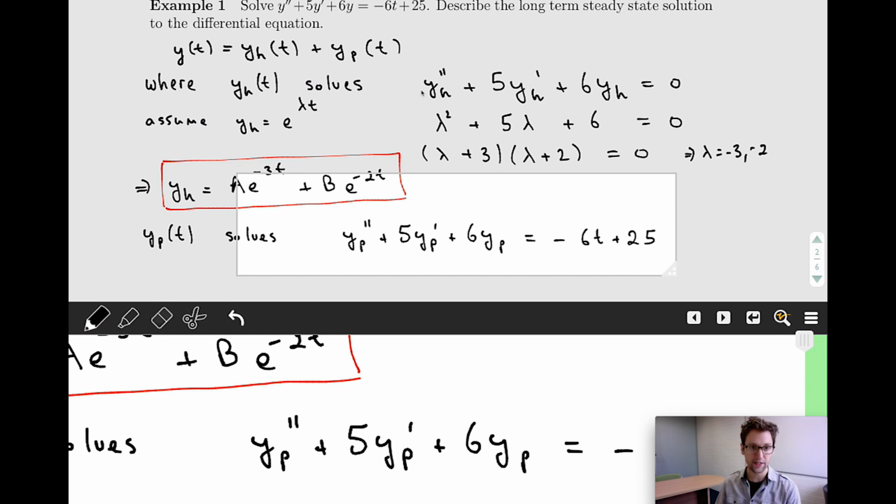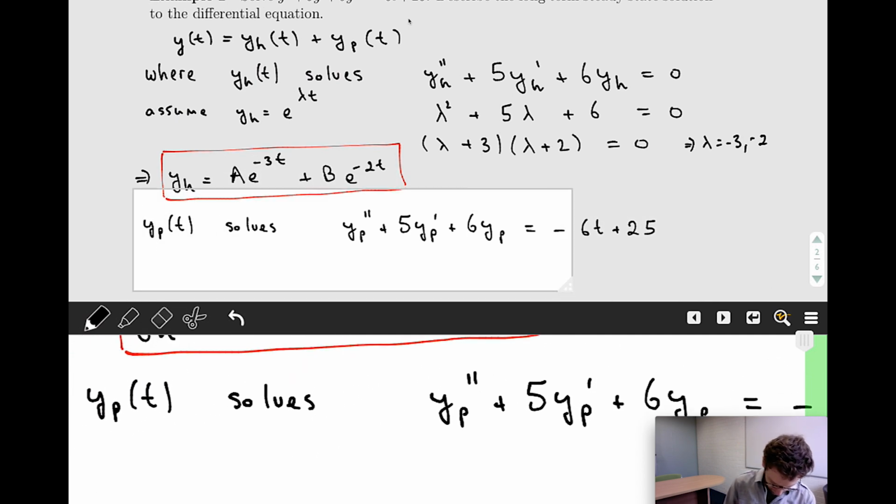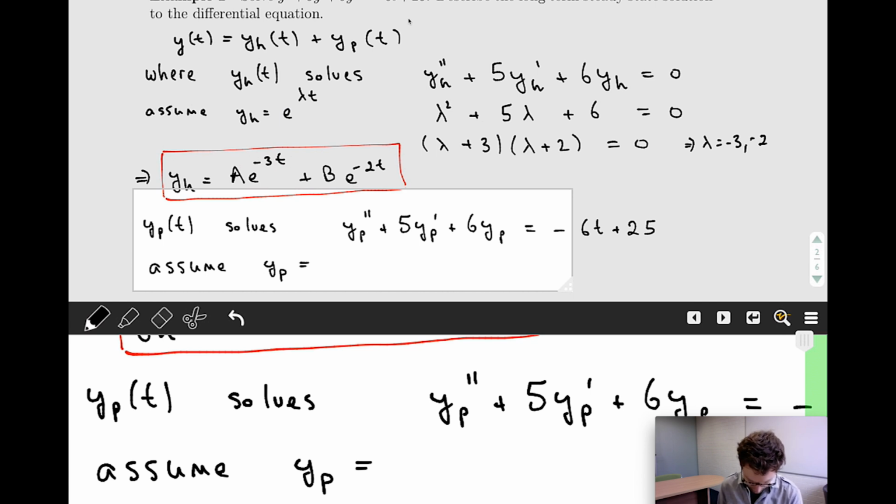That was our right-hand side for this equation. Now I'm going to solve this by making a smart guess for what yp might look like. So we're going to assume that yp is equal to c times t plus d.